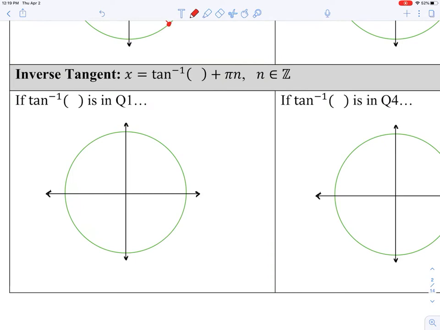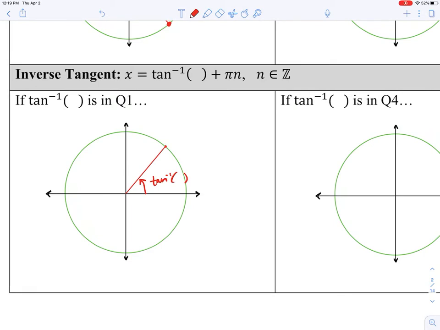So if inverse tan is an angle from quadrant 1, that means it's inverse tan of a positive ratio. Remember, anytime you're taking the inverse sine, inverse cosine, or inverse tangent of a positive ratio, it represents an angle from quadrant 1.